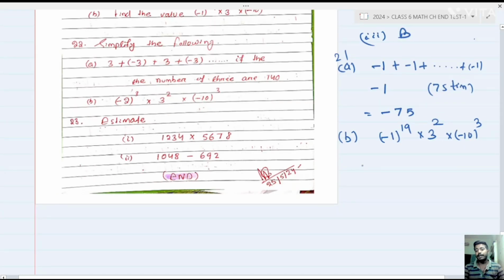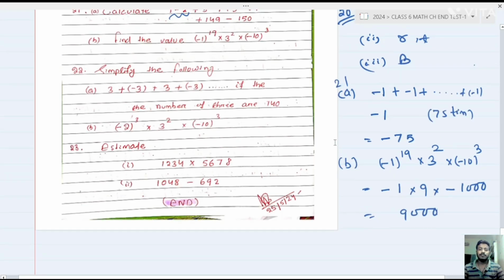We know that minus 1 to the power odd is minus 1, into 3 to the power 2, that is 9, into minus 10 to the power 3, that is minus 1000. Now minus minus plus 9,000. So answer is 9,000.